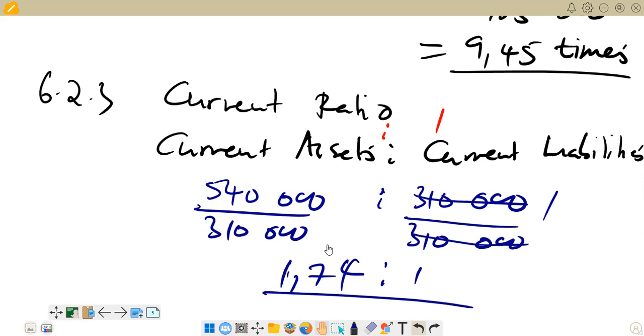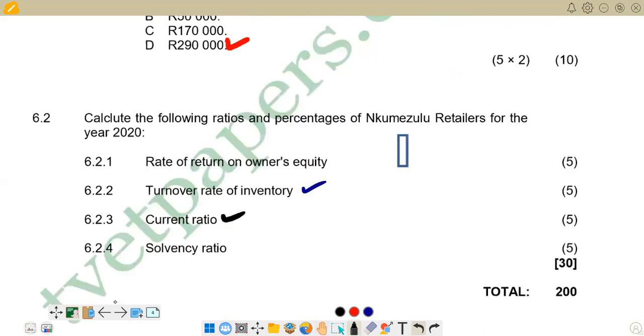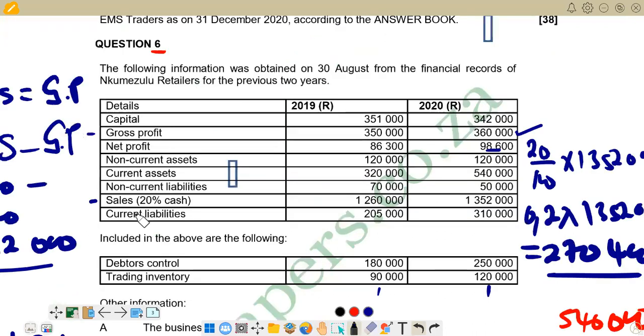Then obviously we are now on 6.2.4, which is the last one. We can just go there to check what we have. 6.2.4 is the solvency ratio. And the solvency ratio, we say total assets as to total liabilities. So this is the presentation of the solvency ratio. Right, so we can go there to check what we have in terms of total assets.